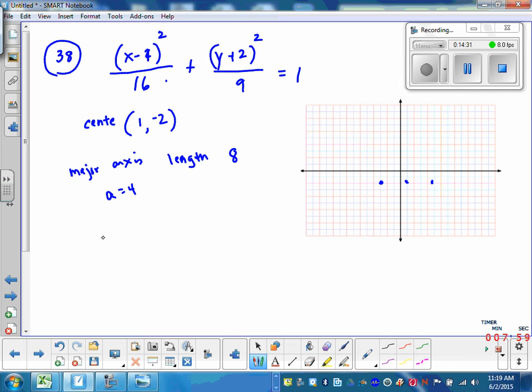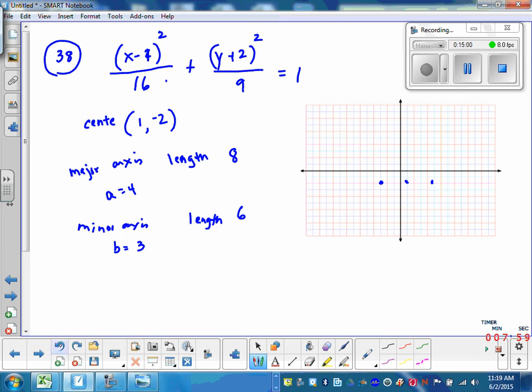And now we're going to do the minor axis. The minor axis is going to be the square root of b times 2. So b is going to be 3. And so the length of the minor axis is going to be 6. So from the center, I'm going to go up 3 and down 3.